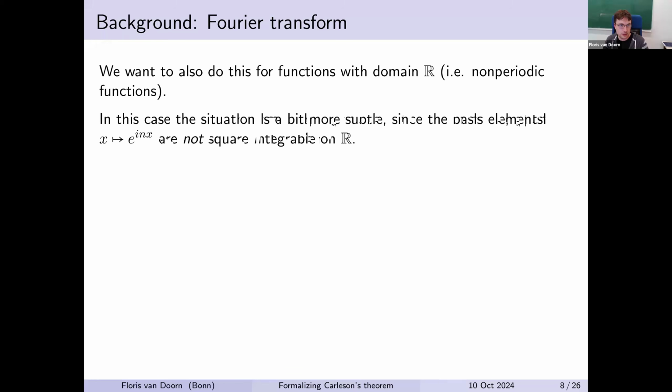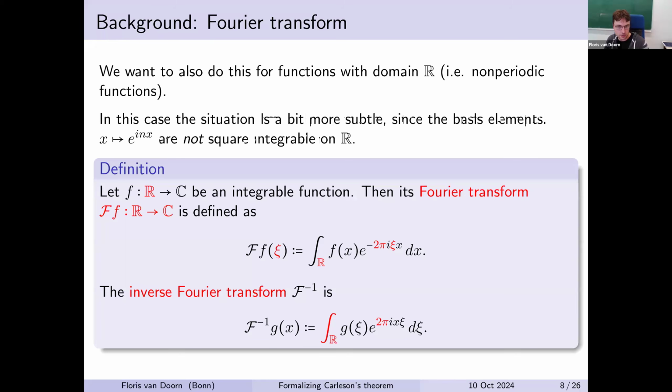So these functions do not live in the L2 space on all of the real numbers anymore. So that's why it's a bit more subtle, and that's why now with the Fourier transform you have to take an integral to build back the original function.